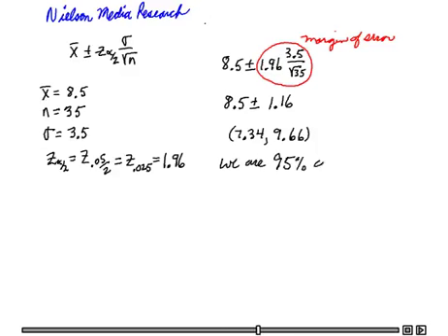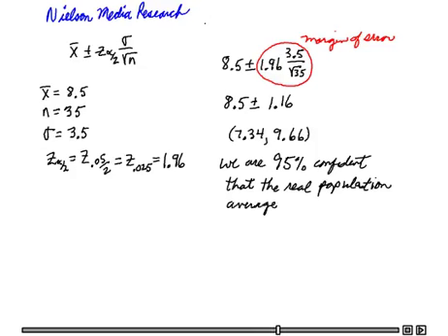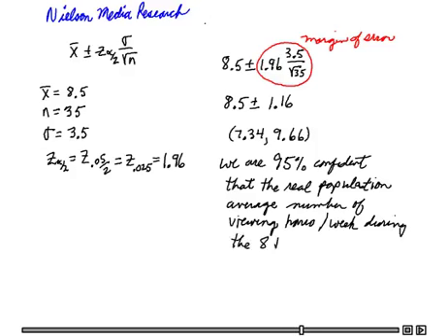95% confident. We have 95% confidence that the real population average number of viewing hours per week during the 8 to 11 p.m. time period.